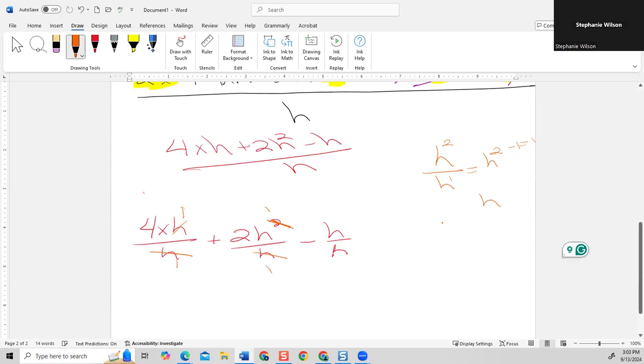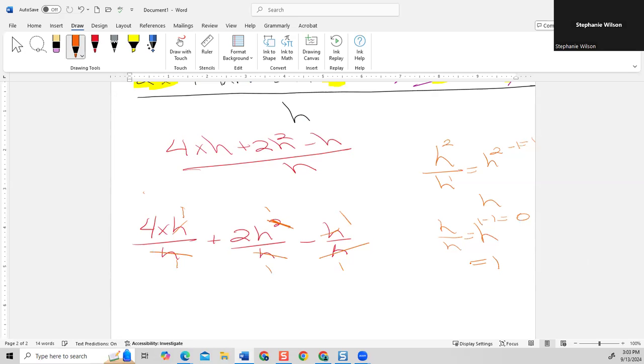In the first term, I had h over h. And when I rewrite it, because they're like bases, both of them have a power of 1. Top power minus bottom power, 1 minus 1 is 0. So we go back to that 0 rule: anything other than 0 raised to 0 is always 1. Another way to say it is h goes into itself 1 time. And then we do the same here.